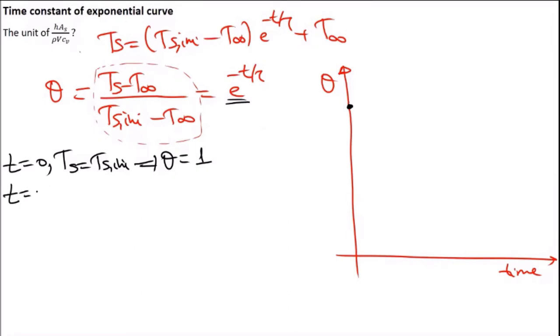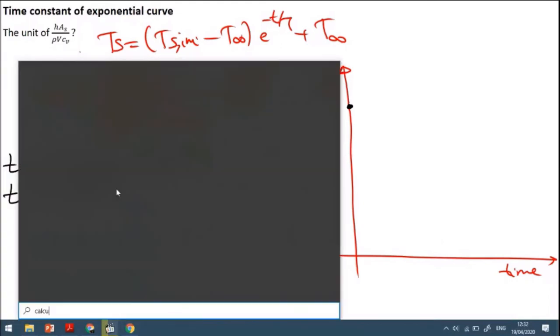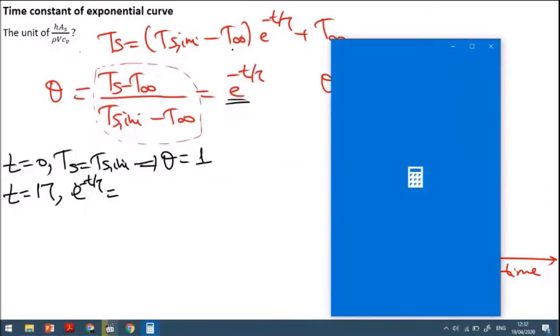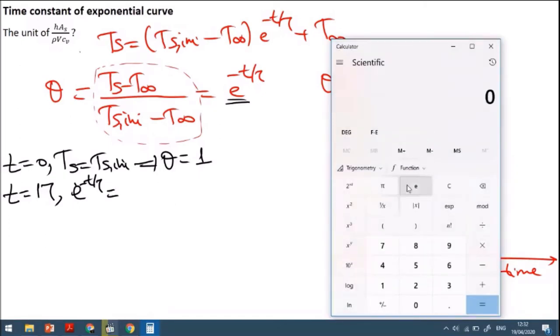When time is 1 tau, then e to the power of t by tau becomes e to the power of negative 1.